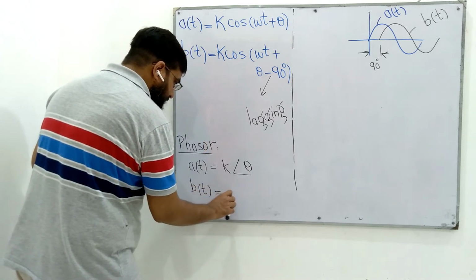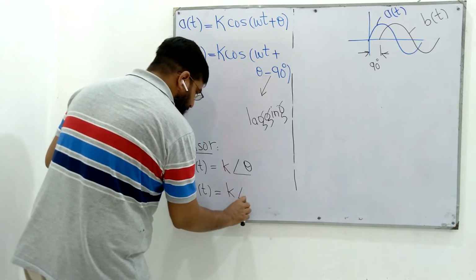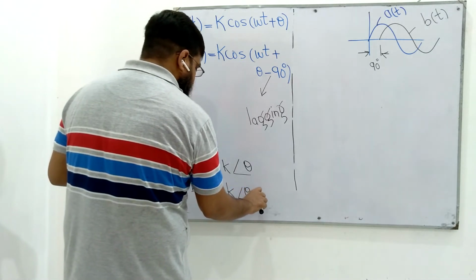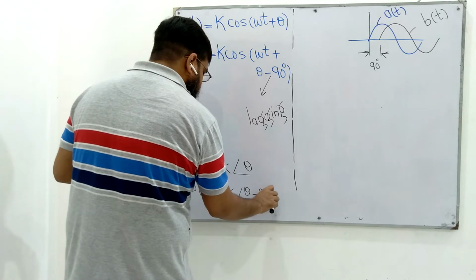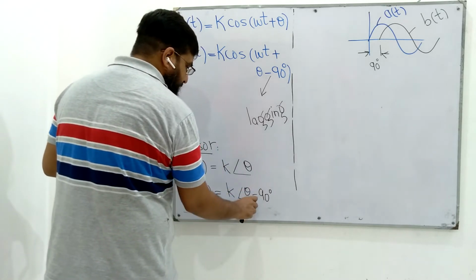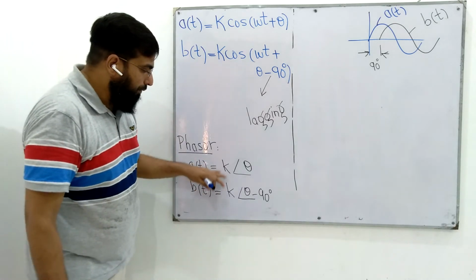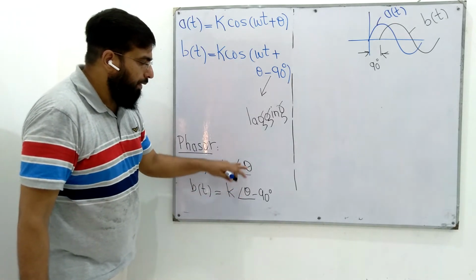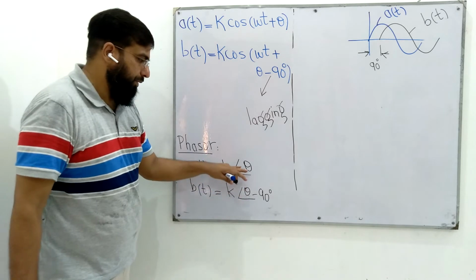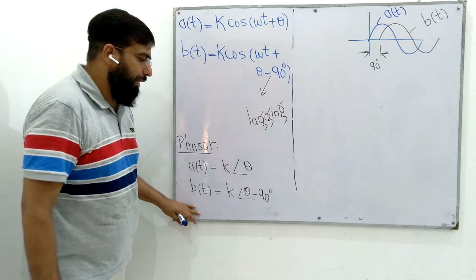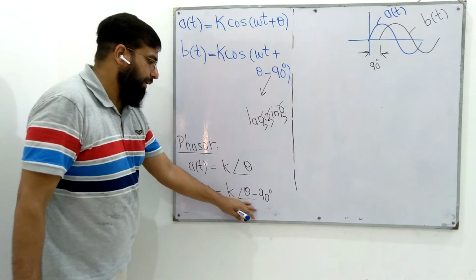B of t, the magnitude k at theta minus 90 degrees. So these two terms have the same magnitude, but they can have different magnitudes, but their thetas are described in terms of each other. This is theta, this is theta minus 90. This means B of t lags A of t by 90 degrees.